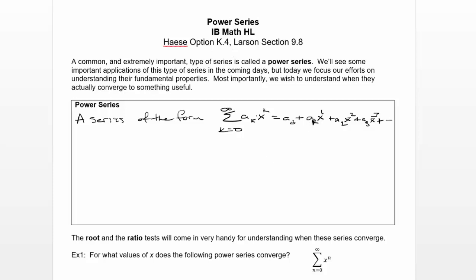So it's a polynomial that has ever increasing, integer increasing values of x, and then in front of each of those x's is a sequence of numbers. That's what the a sub numbers are.